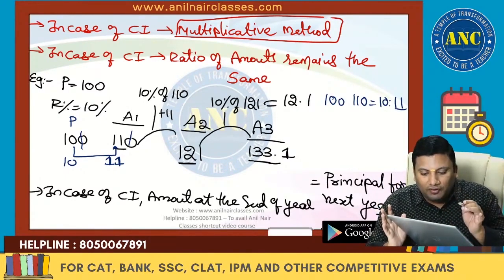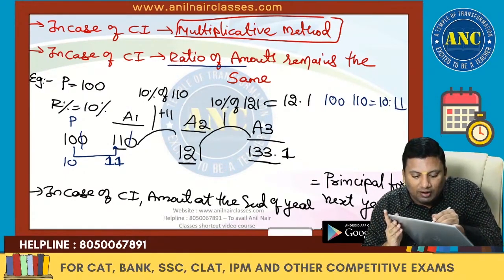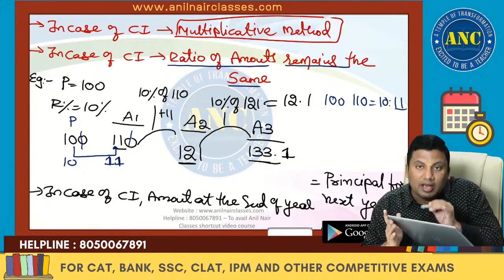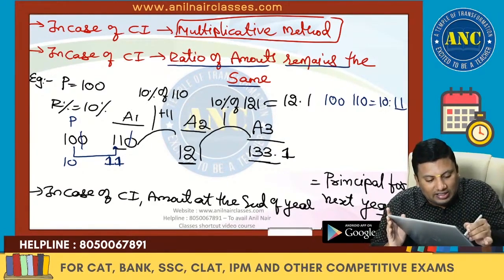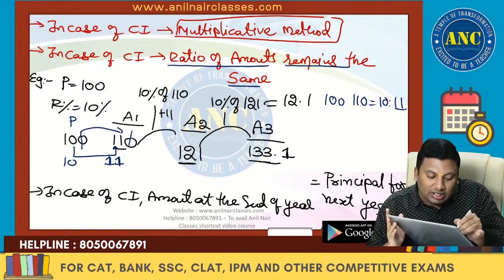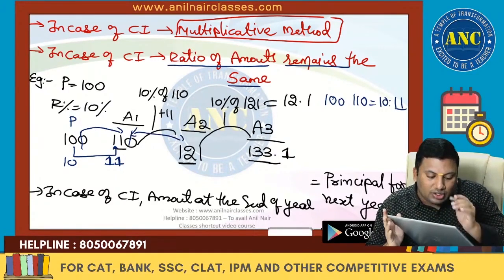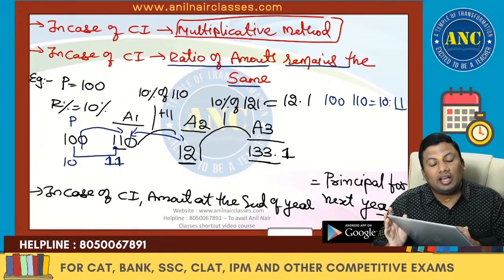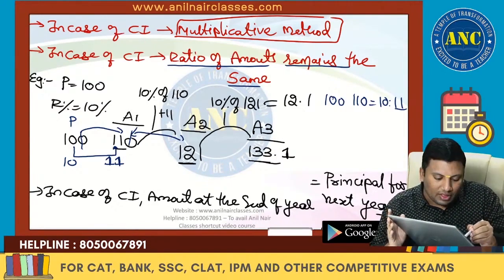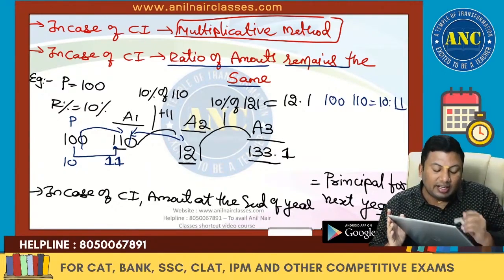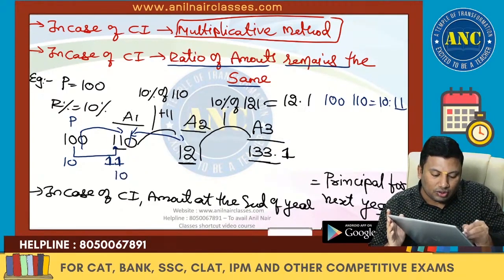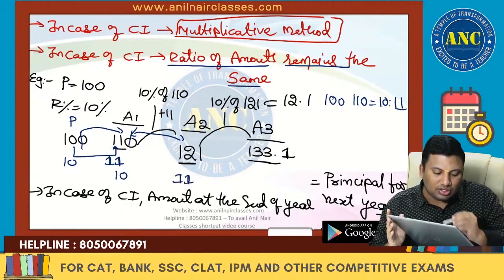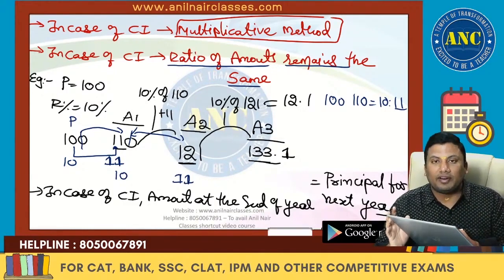Now, always remember, sir, the ratio of the amounts remains the same for every year. For the next two consecutive values, it should also be 10 is to 11. Now see here, this is 10 is to 11, so this should also be 10 is to 11. Are you all with me?